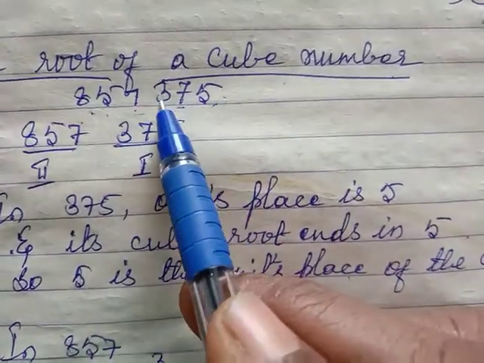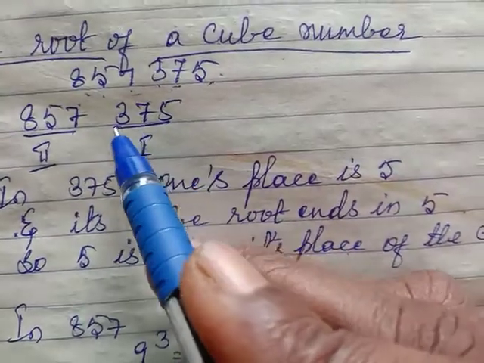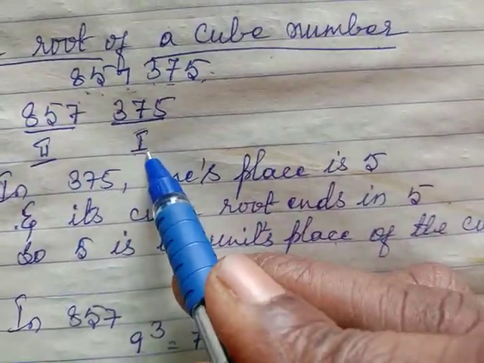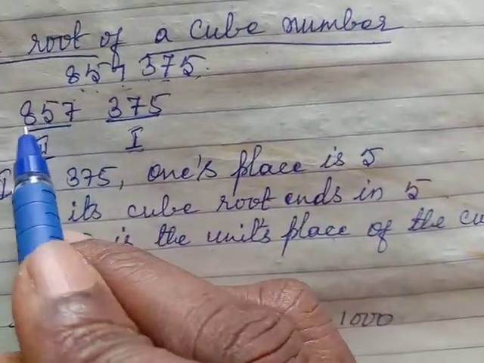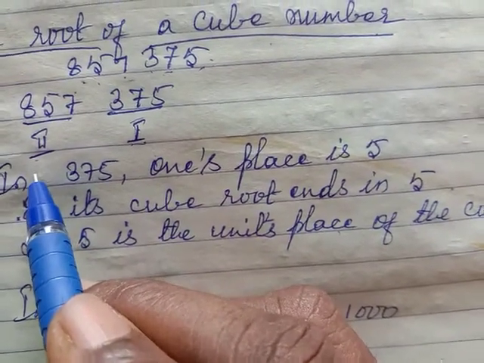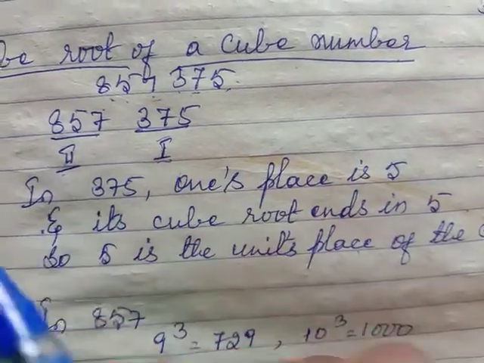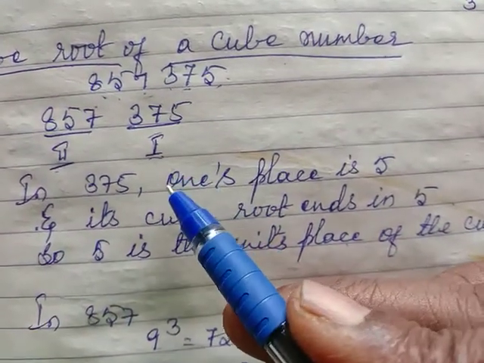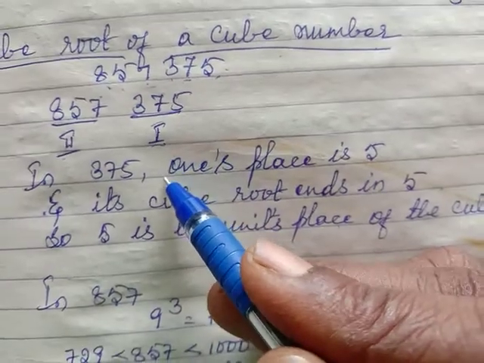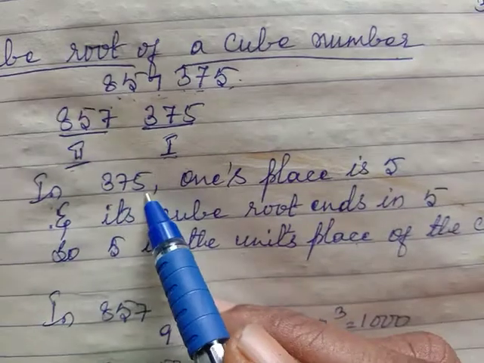So 375 first we have to consider, then 857 second. See children, observe carefully, it is very easy, and you will enjoy it. Without prime factorization, without any method, we are finding out a cube root. How is it? So now let us find out 375.